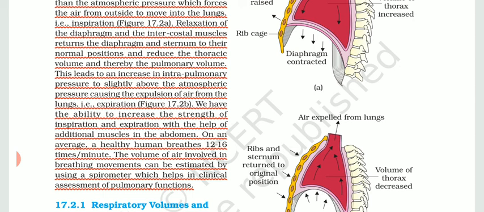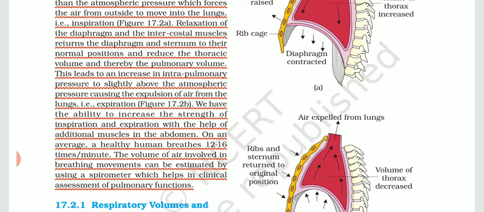We have the ability to increase the strength of inspiration. Suppose I recommend that you start focusing on your inhalation and exhalation. Generally, while you are listening to me, it is going on at a very normal rate. But if you go to the doctor and the doctor says breathe in and breathe out forcefully, then the volume of air entering inside increases, right?